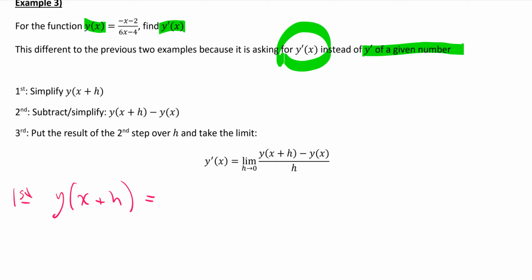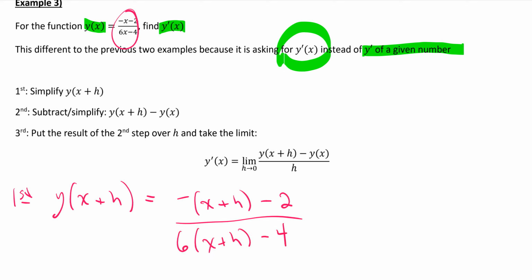So this means to go back to the original function, and wherever we see an x, we need to replace it by x plus h. So we have negative parentheses x plus h minus 2 over 6 parentheses x plus h minus 4.